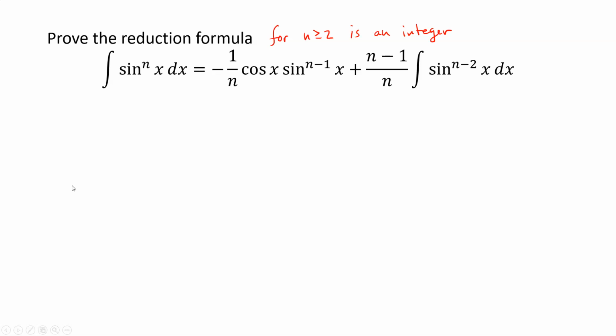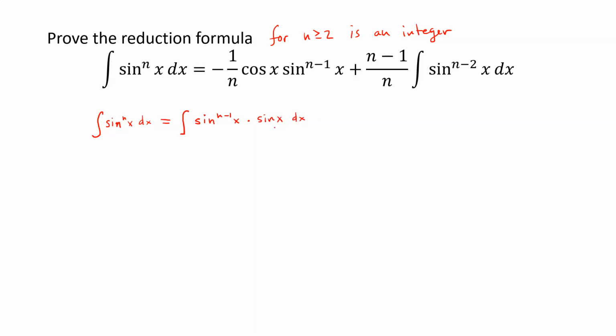And it's going to use a couple of strategies that are sort of key to what we're going to see in the next section, but also some strategies that we've already seen in this section when we're applying the integration by parts formula. So the first trick is to start with the left-hand side, where I've got sine to the n of x, and I'm going to split off one factor of sine.